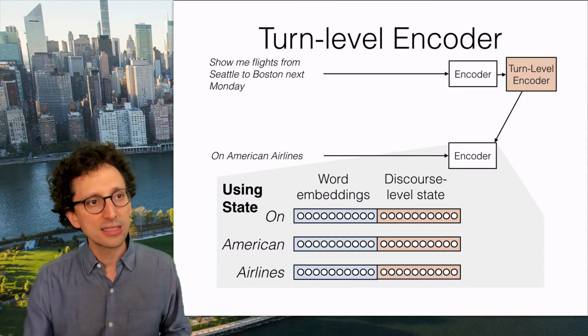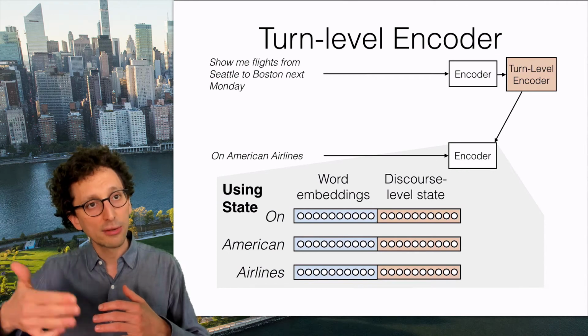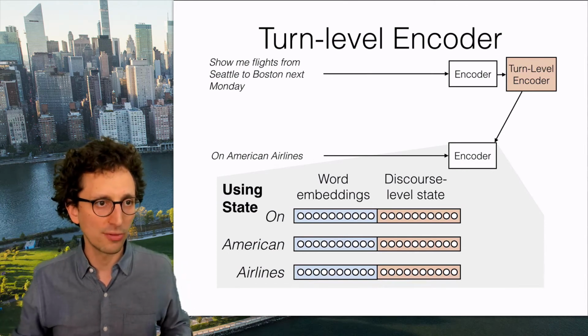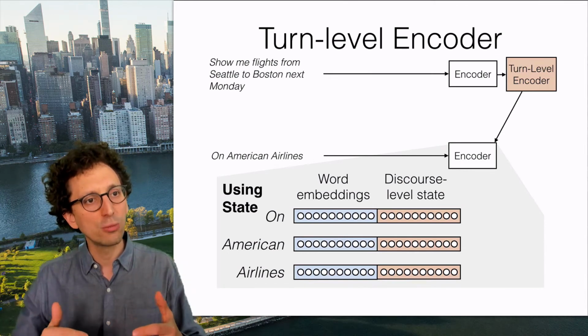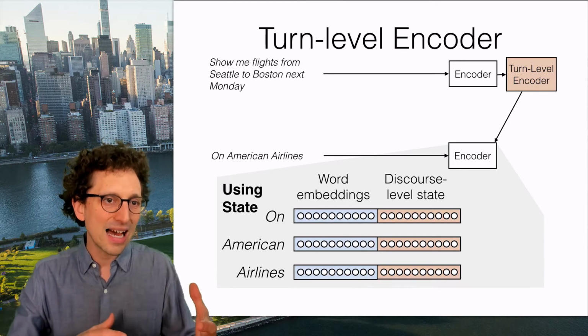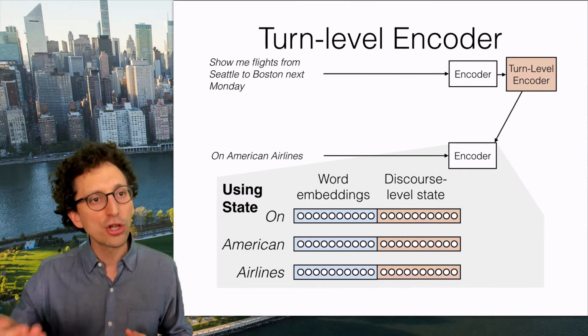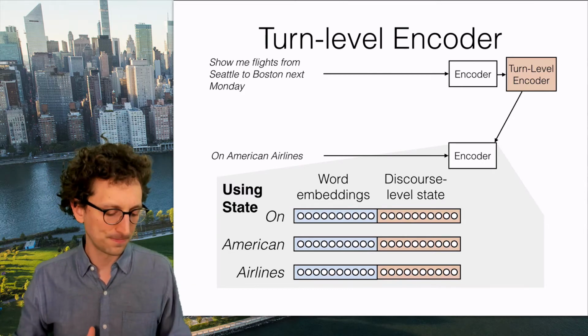Given a new utterance, like on American Airlines here, we incorporate the hidden state from the previous step of the turn-level encoder by taking it and concatenating it with each word that we input to the encoder. And this basically allows us to interpret each word in a context-dependent way, conditioned on the history of the interaction.